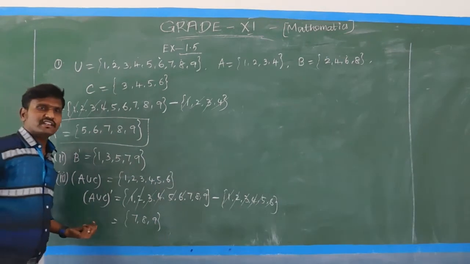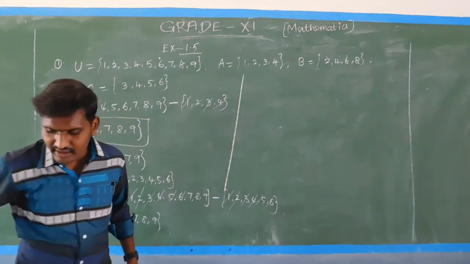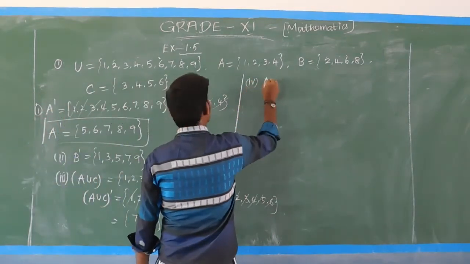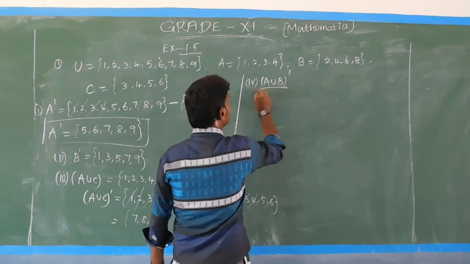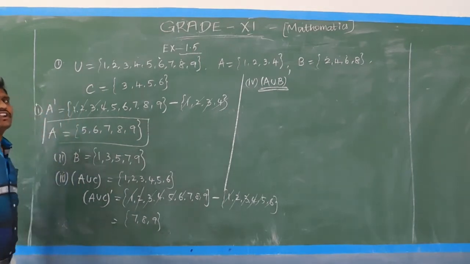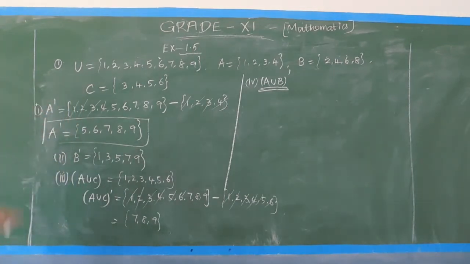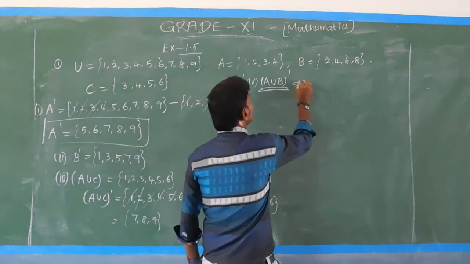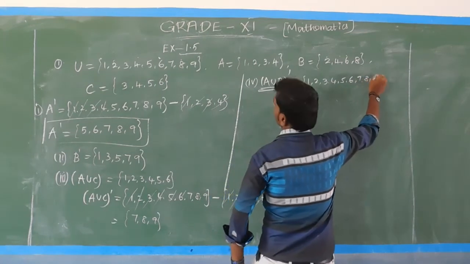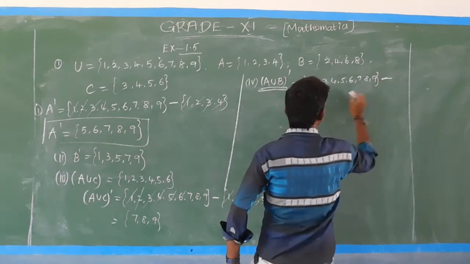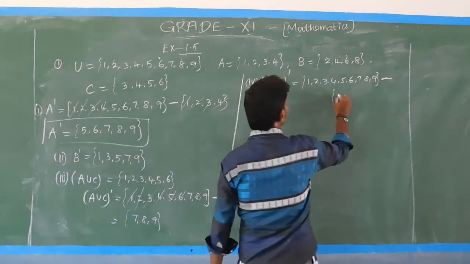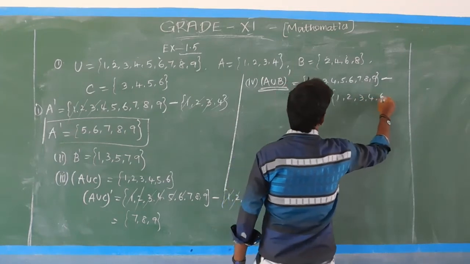Okay, have you got it, children? Yes. So the next, what is it asking? (A union B) the whole dash. See, it is the same pattern. First we find A union B, and then take the difference between the universal set and A union B. First I take 1, 2, 3, 4, 5, 6, 7, 8, 9 minus A union B. Joining the elements of A and B: 1, 2, 3, 4, 6, 8.